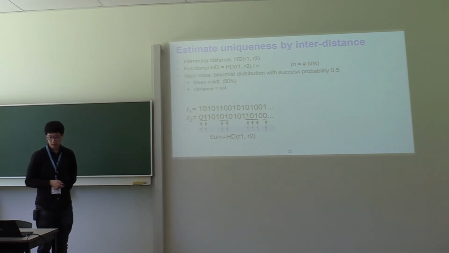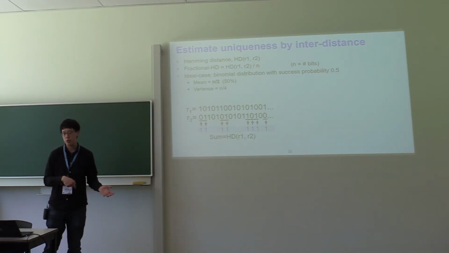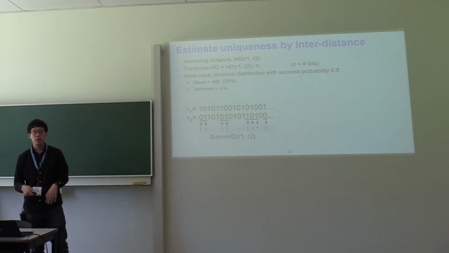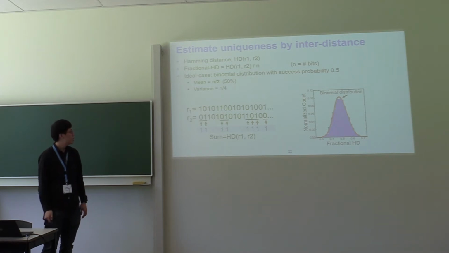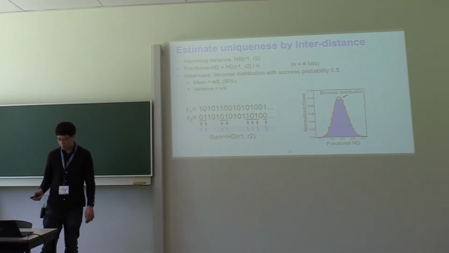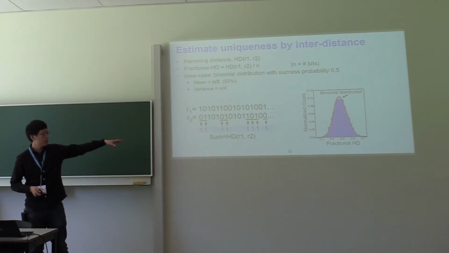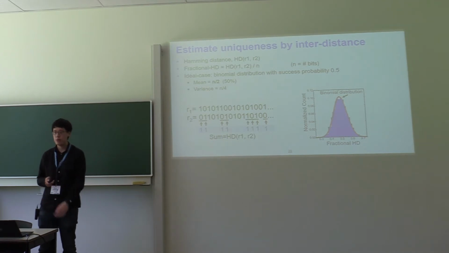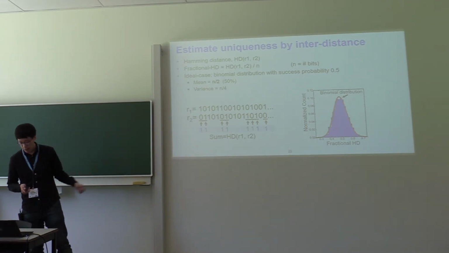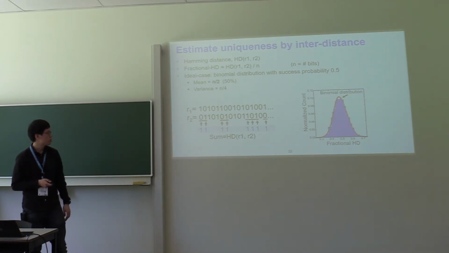If you have a lot of PUFs and calculate the Hamming distance of all of them, it will give you something like a binomial distribution. Here is an example from our design: the blue one is the measured Hamming distance, and the black curve is the ideal binomial distribution. They should be really close to each other.